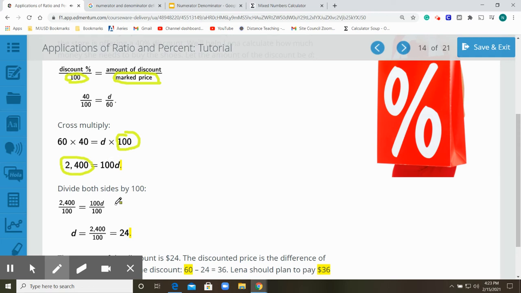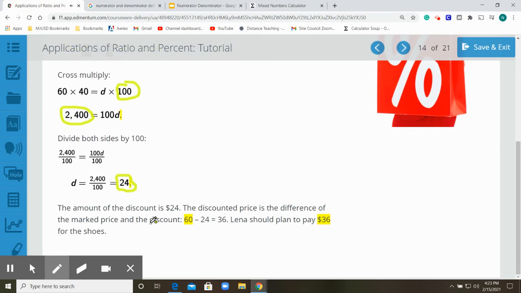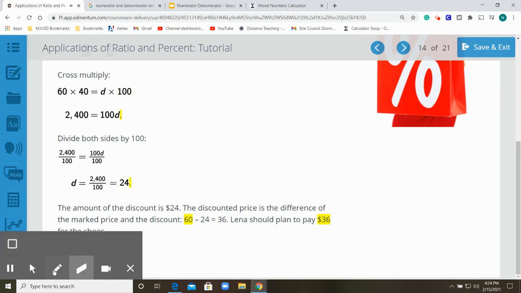Divide both sides by 100. 2,400 over 100 equals 100D over 100. D equals 2,400 over 100 equals 24. The amount of the discount is $24. The discounted price is the difference of the marked price and the discount. 60 minus 24 equals 36. Lena should plan to pay $36 for the shoes.